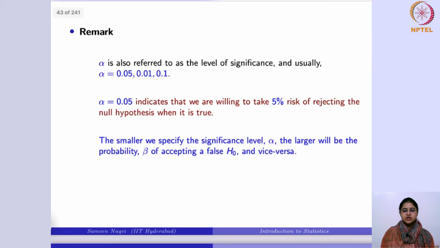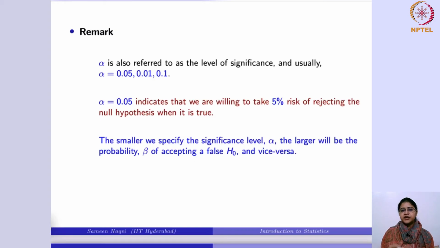If alpha is smaller, your beta, the probability of accepting a false null hypothesis, would be larger, because there is some rejection region and there is some acceptance region. When you are decreasing alpha, it means you are decreasing the probability of rejection.